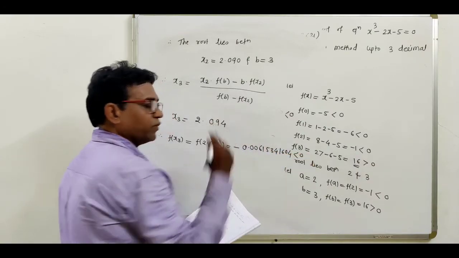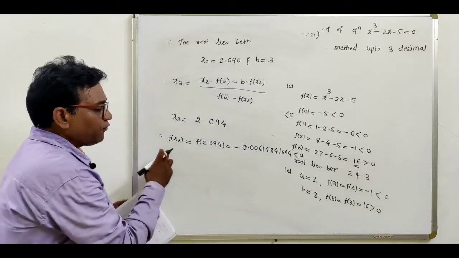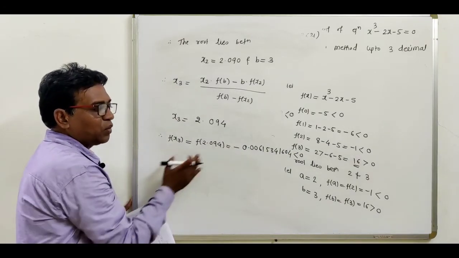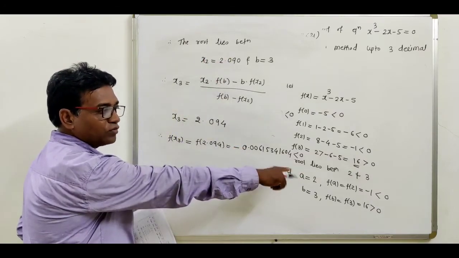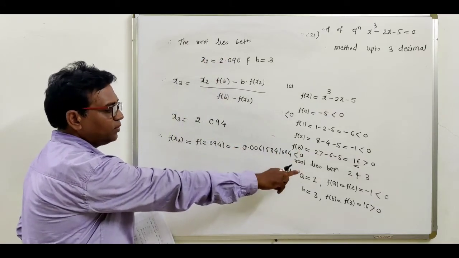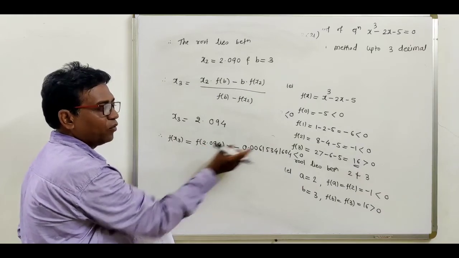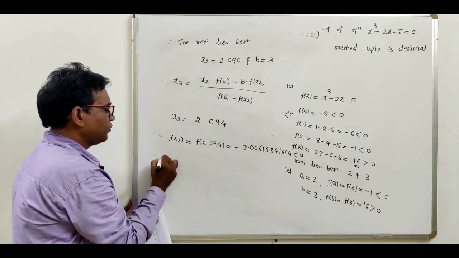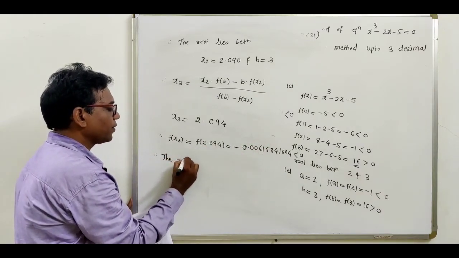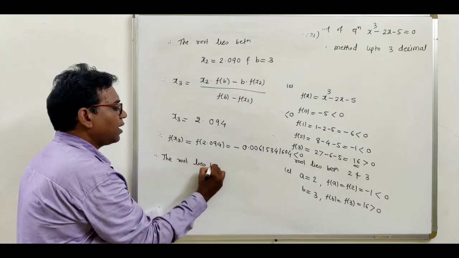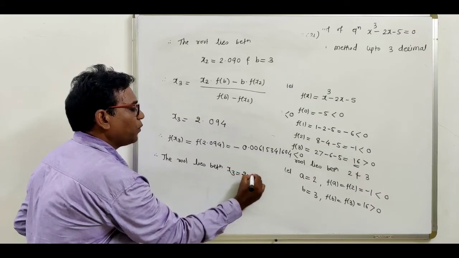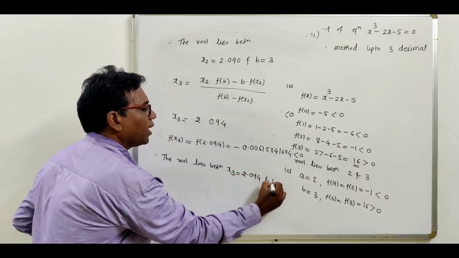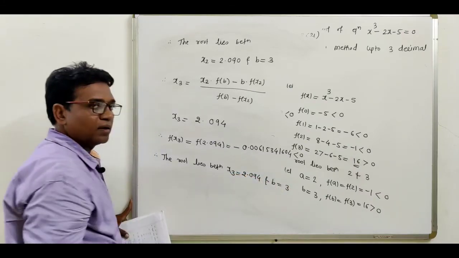So f of x3 is negative, means the root lies between the negative and the upper positive functional value, which is 16, means the root lies between 2.094 and 3. So right here, therefore, the root lies between x3 equal to 2.094 and b equal to 3.